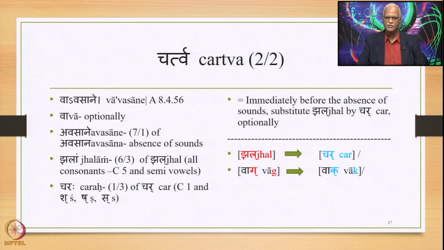Words continued are jhalam and char, charaha. Jhalam is 6/3 of jhal, which is all consonants minus consonant 5 and semivowels, and charaha is 1/3 of char, consonant 1 and sh, sa.